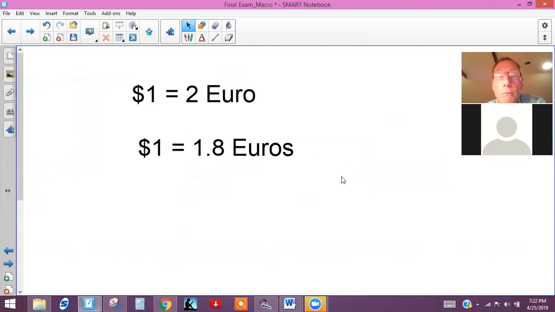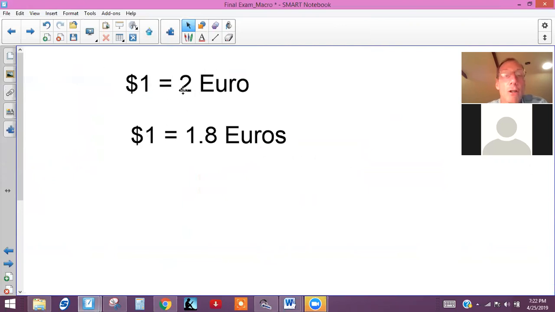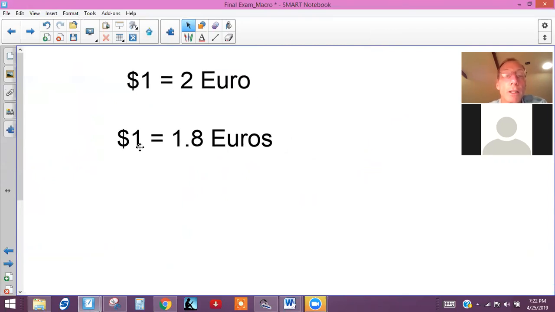Do you know, Lucy, since you're my only student? Did it depreciate relative to the euro? Right, you're exactly right. So here a dollar buys 2 euros, and then here a dollar only buys 1.8 euros.